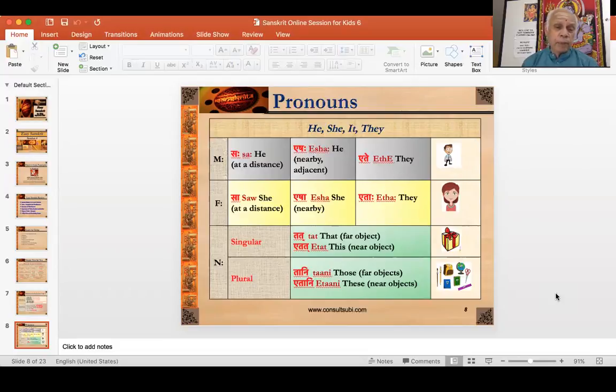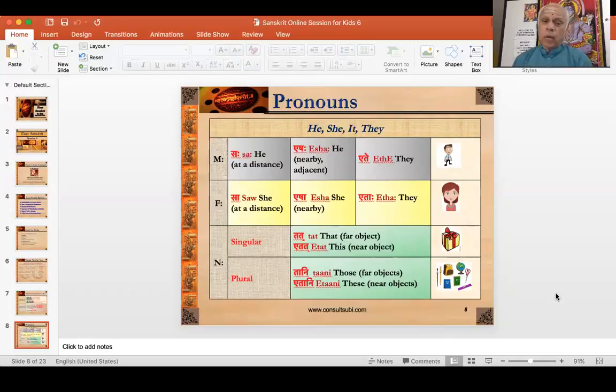But if a girl happens to be near you, you say esha. You want to introduce somebody, esha Sudarshini, esha Trinetrani. So, somebody nearby. But same thing if there is a group of people, then you say eta. It's not ete. Ete is a male gender and eta is the female gender.